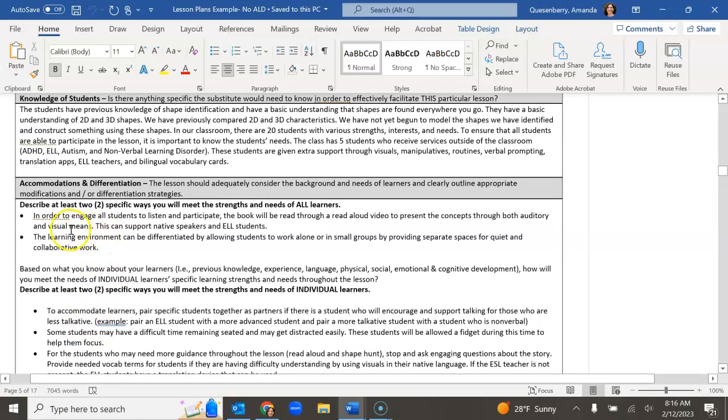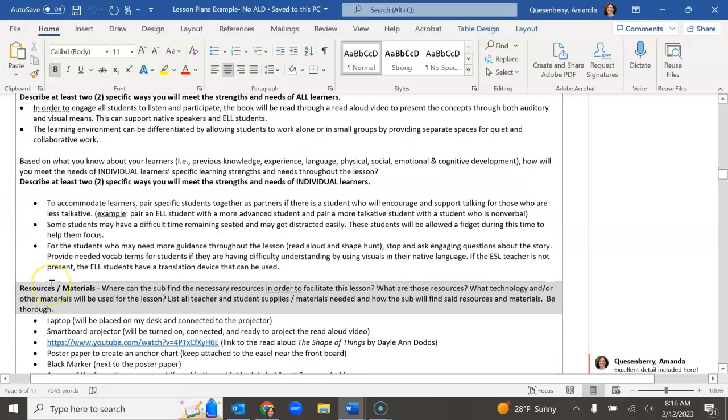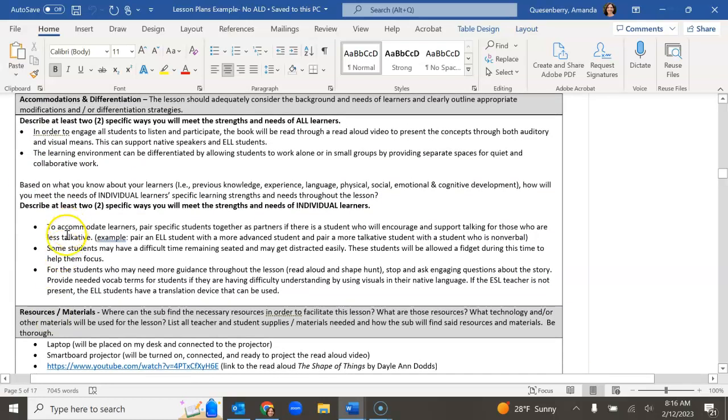When we think about accommodations, they tend to be more for individual learners, right? So if a student has an IEP or a 504 plan, we would need to develop specific ways that we would accommodate that individual student to ensure they could participate in the lesson.